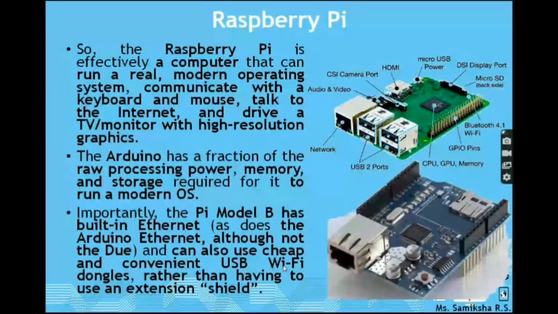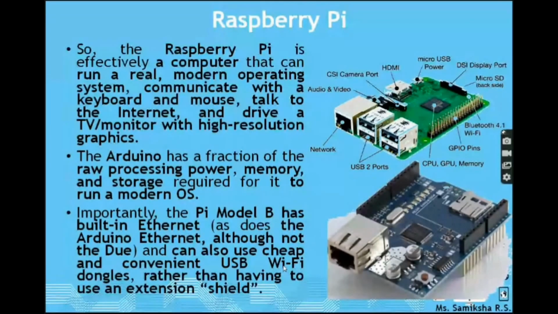So what is Raspberry Pi actually? With all these features, no one can stop Raspberry Pi from becoming effectively a computer which can run a real modern operating system. With the USB, you can connect a keyboard and mouse. With that RJ45 connector, you can have an internet connection. With the HDMI display, you can have a TV or monitor so that high-end graphics can be played.